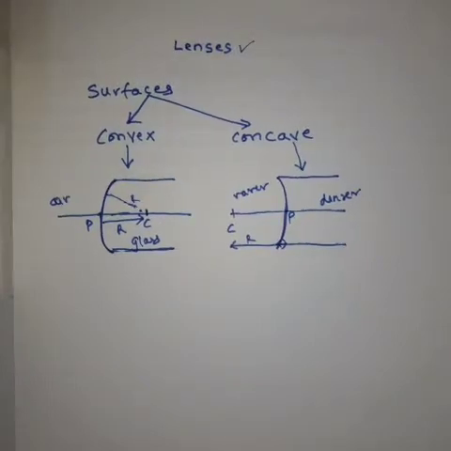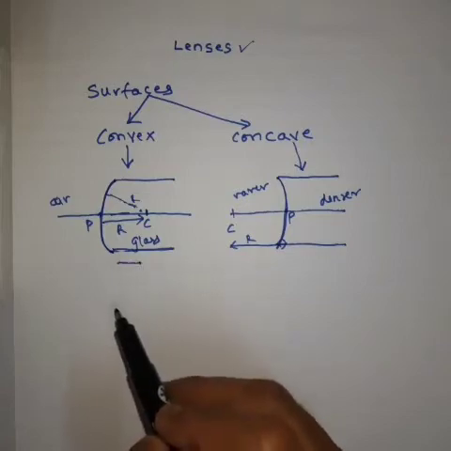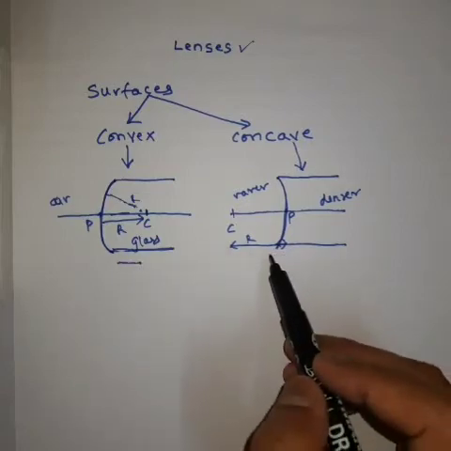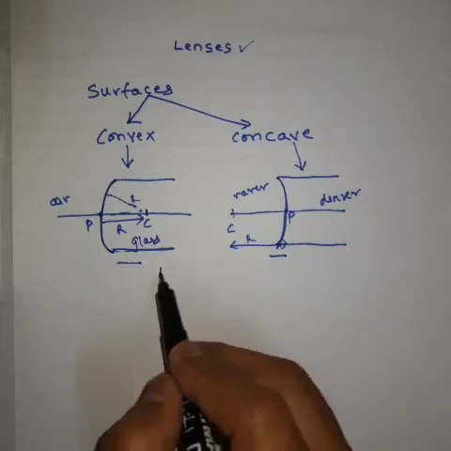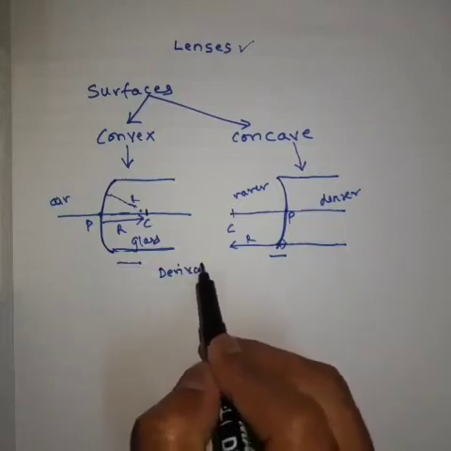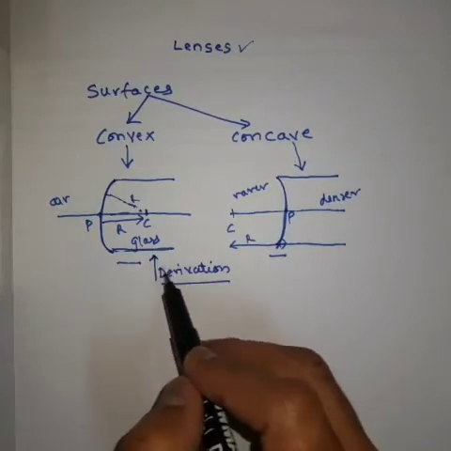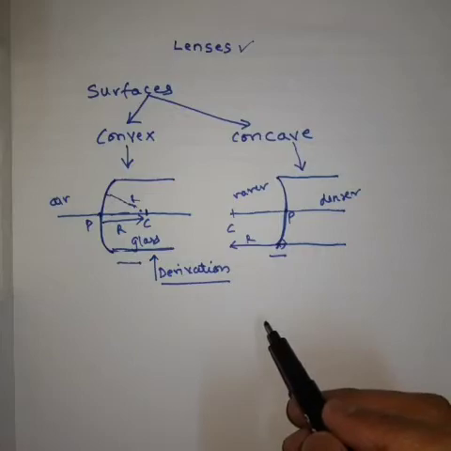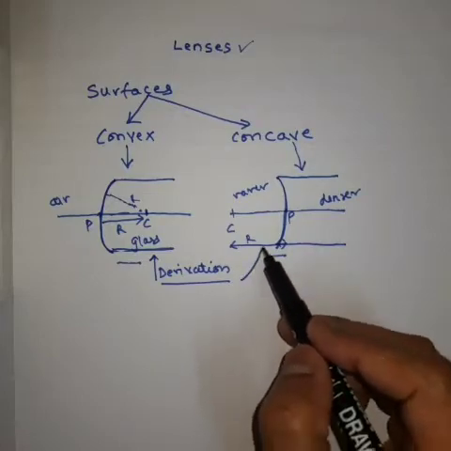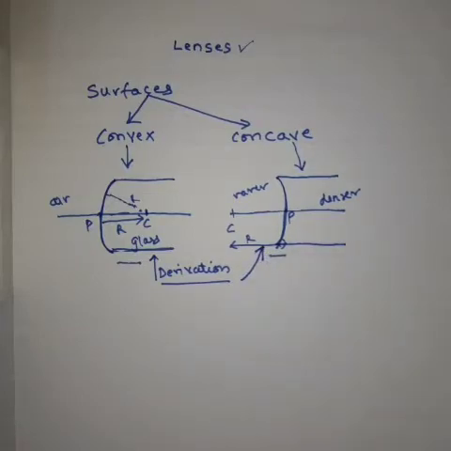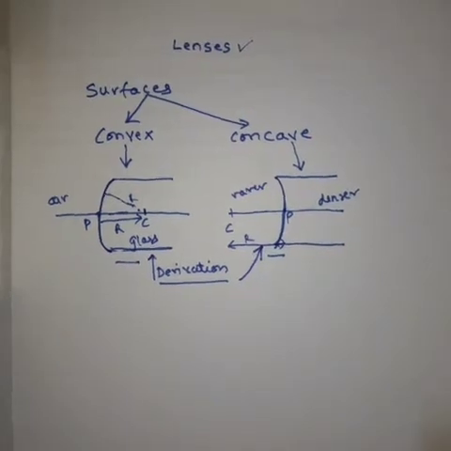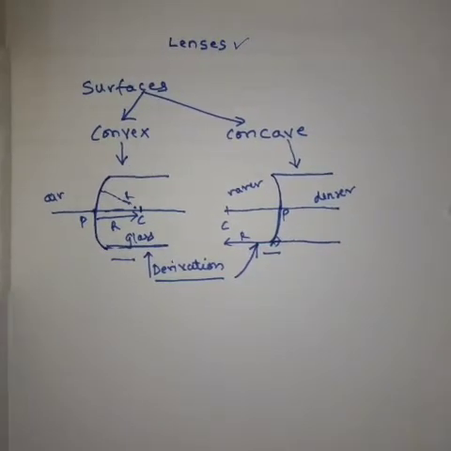We'll be discussing a lot about the convex surface and the concave surface, and very importantly, we have a derivation for both of them. I will derive one equation for you using the convex spherical surface, and at home you will practice for the concave spherical surface. Both are important, and as and when asked, they carry 3 to 4 marks.